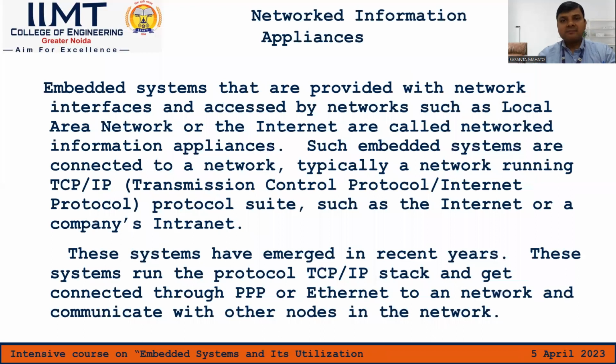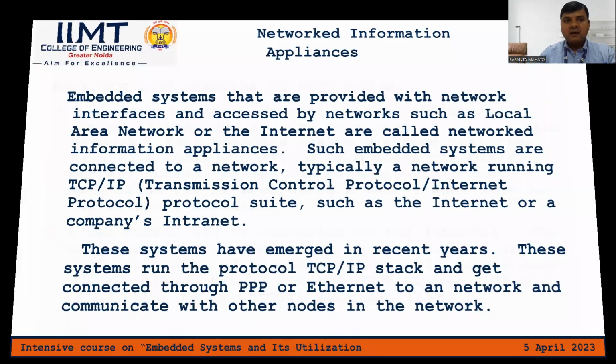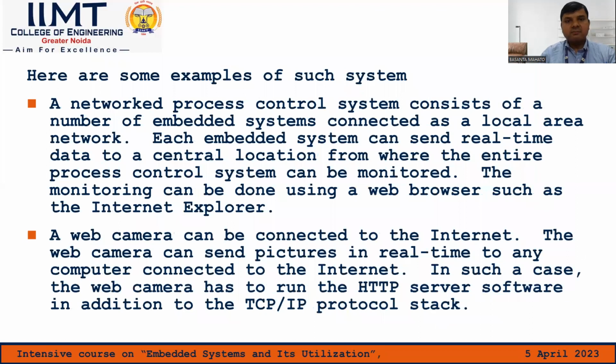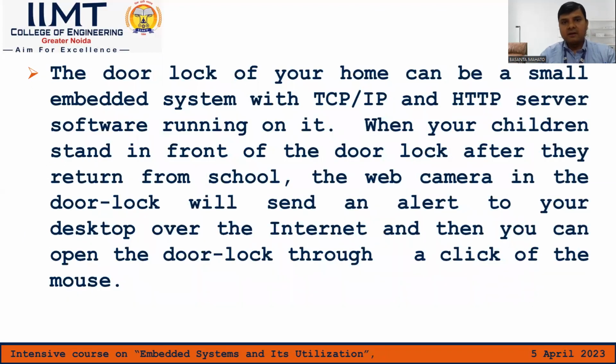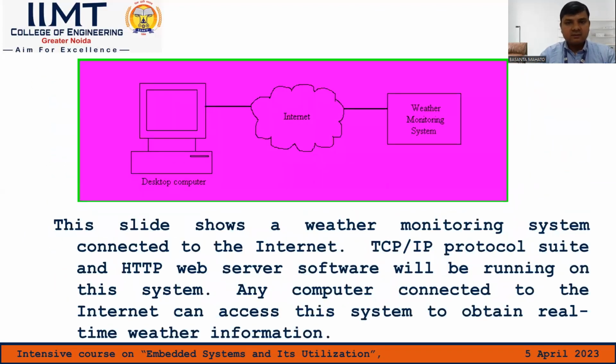Then there are embedded systems that are provided with a network interface and accessed by a network. Networks are involved, and that comes under network information applications. Here are a few examples. Here is a computer on the internet and a weather monitoring system.